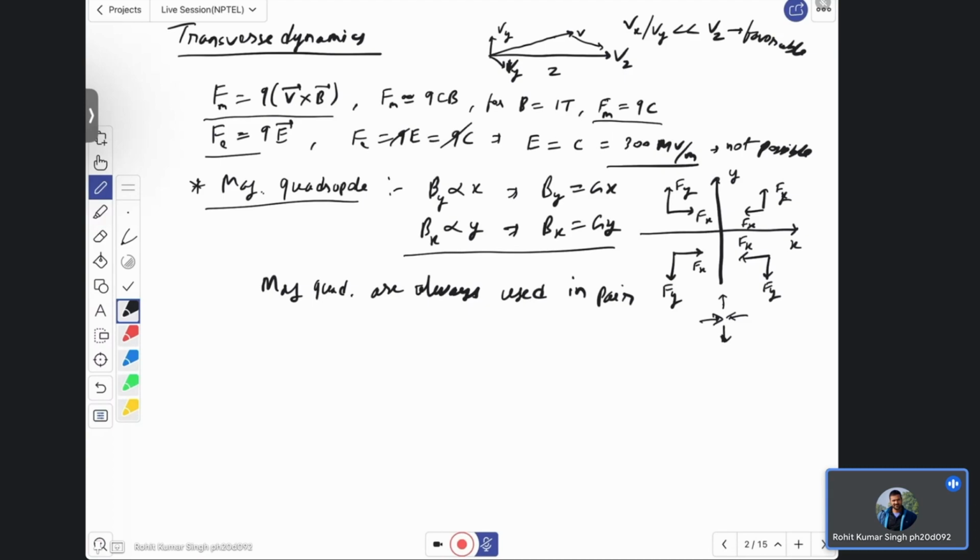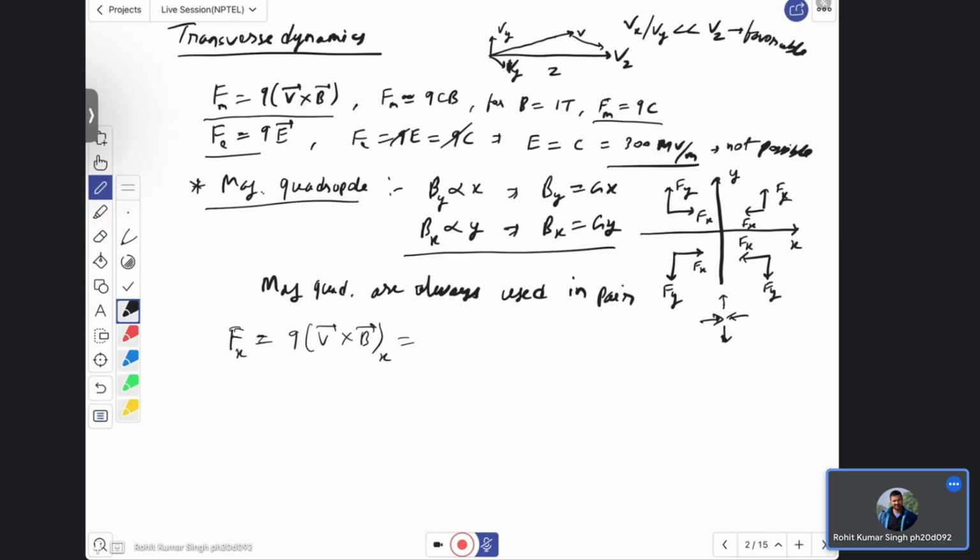Now one more thing about the force produced by a magnetic quadrupole. Suppose the force due to the magnetic field is given by Q V cross B. Let's first look at the x component.